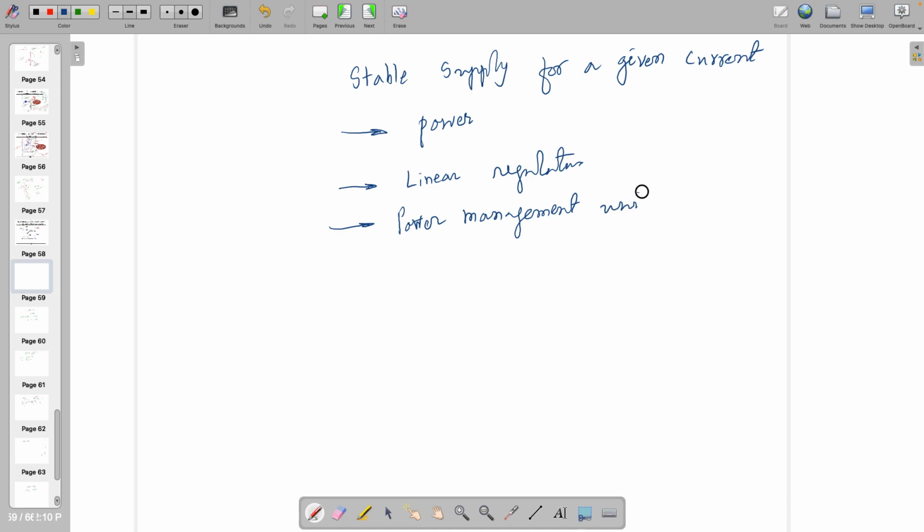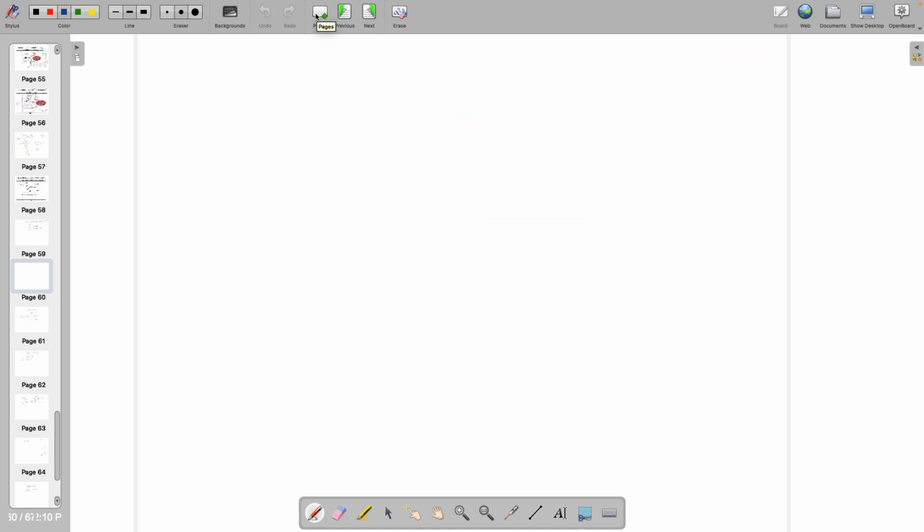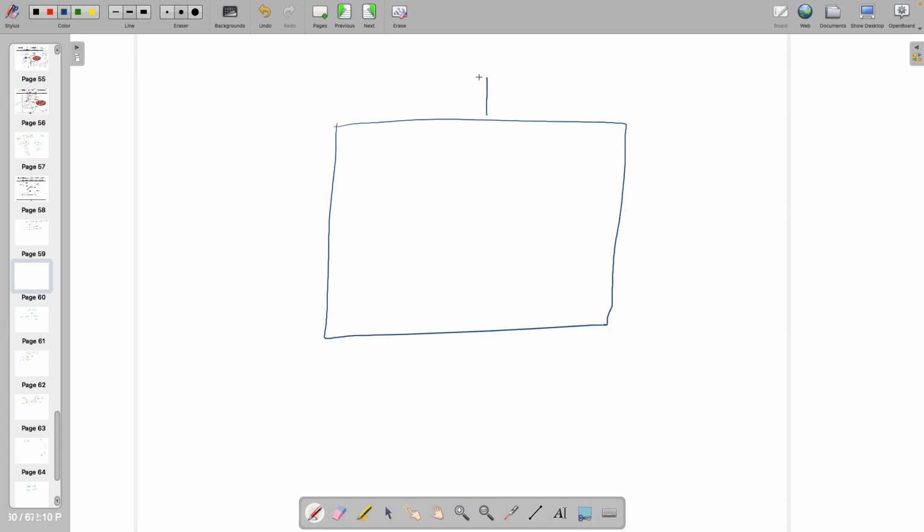Generally what happens, if we say this is the circuit and there is VDD. If you are generating VDD from inside or anywhere, there might be many problems in VDD. I want a stable VDD, whatever voltage I want, it has to be stable over process, voltage and temperature, right?